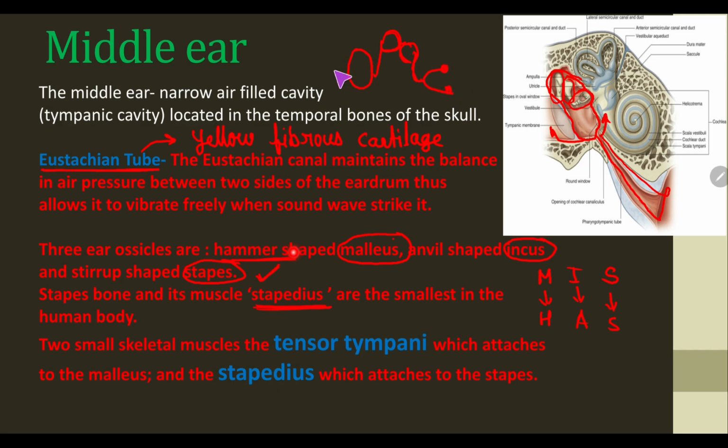Fine. So if this tympanic membrane vibrates, these three ear ossicles, malleus, incus, stapes, will vibrate, and they amplify the sound multiple times, more than 10 times.